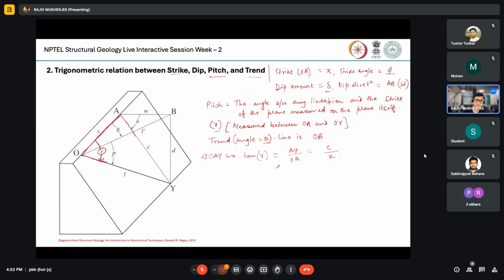Then we can find out the value of x. Therefore x can be written as c by tan r, right?